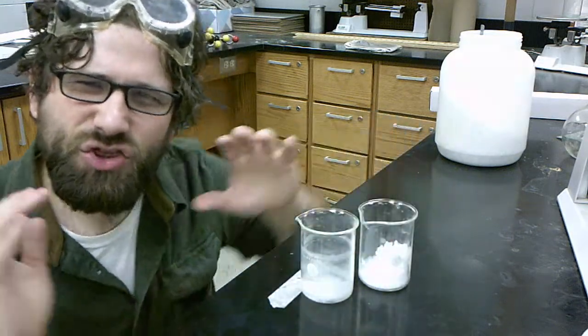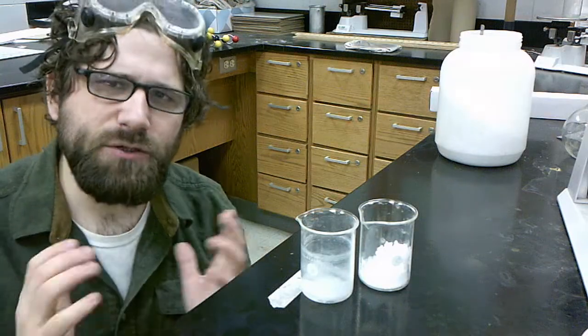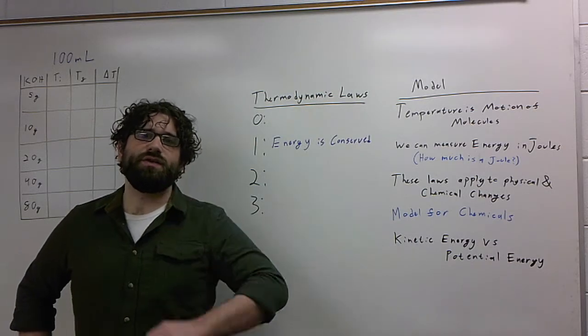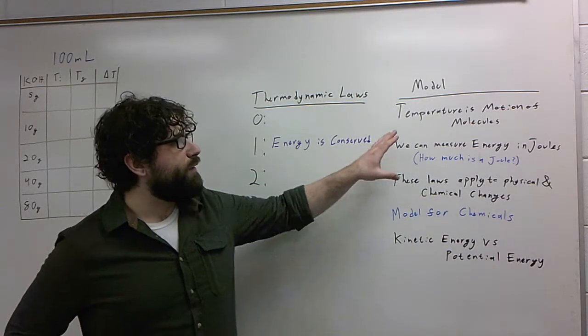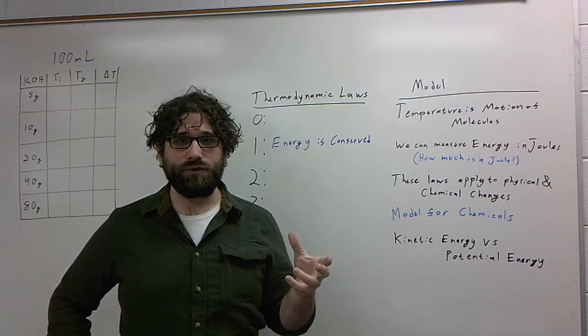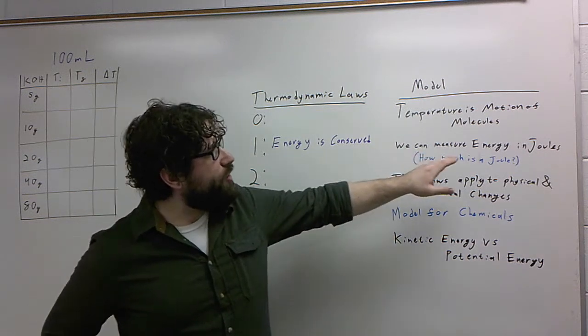So these thermodynamic laws must have something to do with physical changes as well. Let's start looking at that. All right, so as it currently stands, this is the model that we have. Temperature is the motion of molecules, that average kinetic energy. We can measure energy in joules.